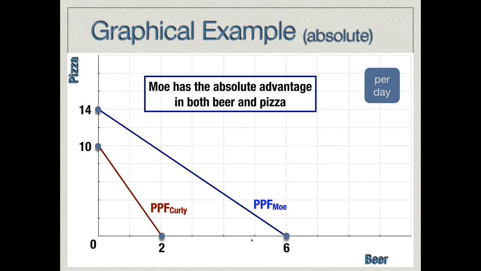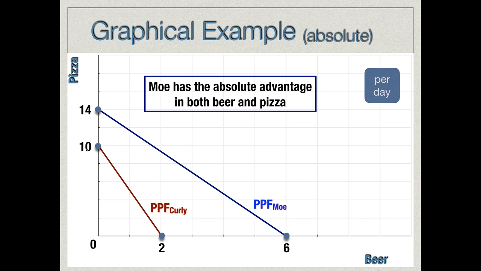And if we take a look at beer, Mo can produce 6 beers per day when he's exclusively producing beer, while Curly can only produce 2 beers per day when exclusively producing beer. So graphically, we can see here that Mo has the absolute advantage in both beer and pizza production. He's able to produce those at a lower per unit cost.